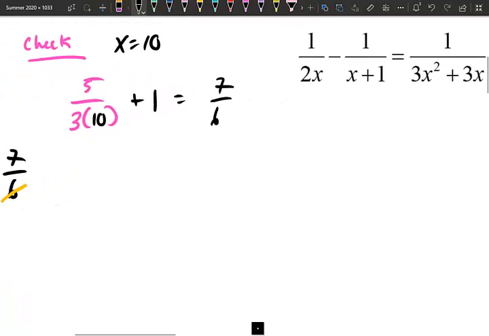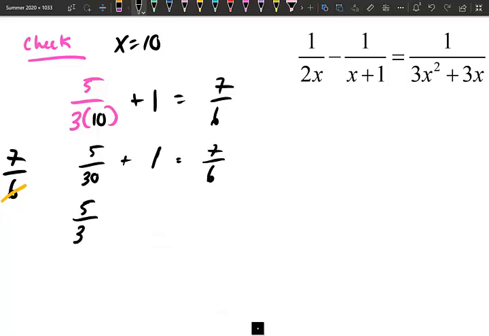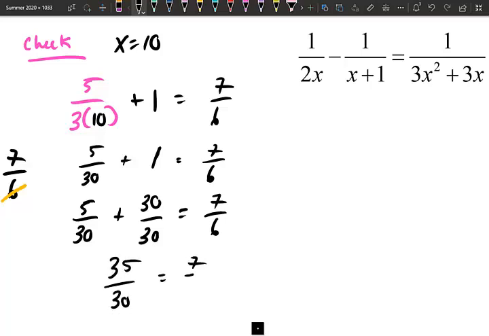We have 5 over 30 plus 1 equals 7 over 6. So 1 is just same number over same number. So if the denominator is 30, it's 30 over 30 equals 7 over 6. So 35 over 30 equals 7 over 6.